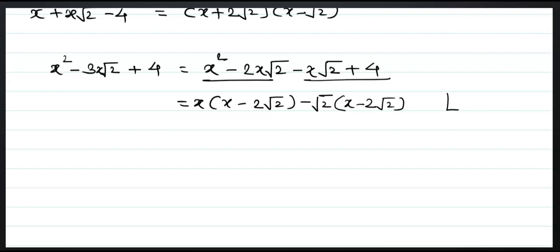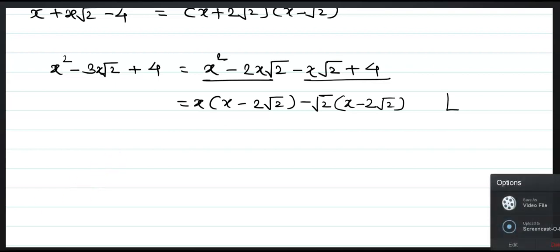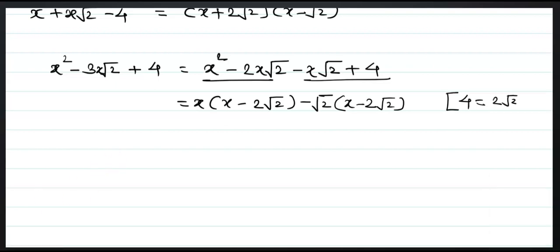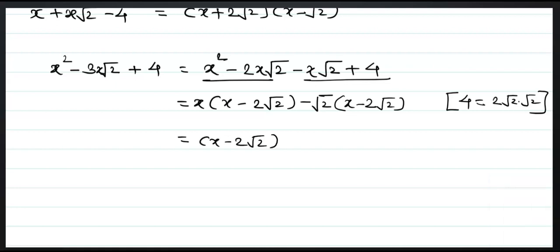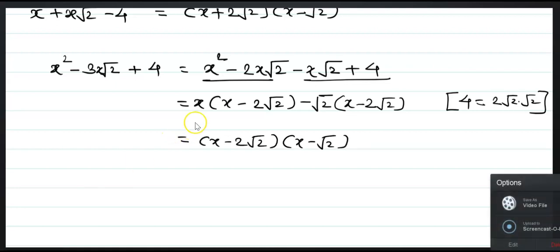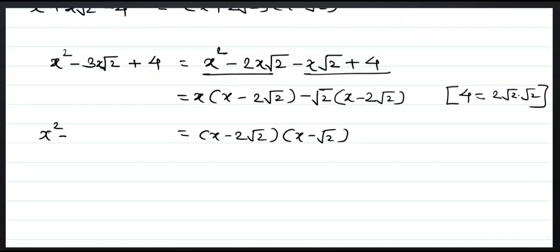See this here, this is what we have written. Again I am writing in the bracket. Therefore, these are the factors: x minus 2 root 2 in the first bracket, and in the second bracket x minus root 2.